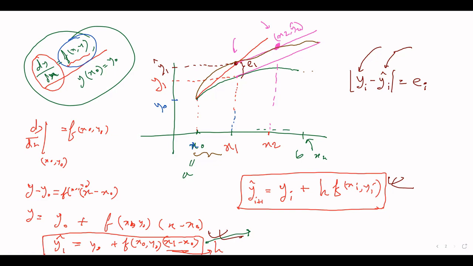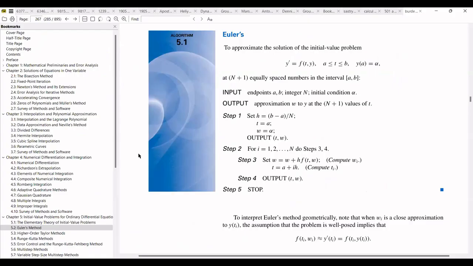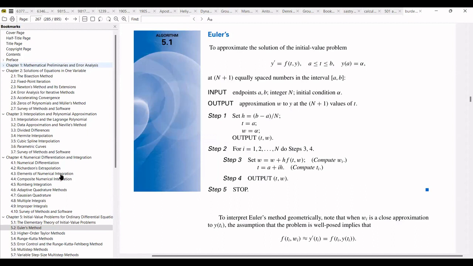I'm going to share the book by Barden on screen. Okay, I think most of you are familiar with this book. It's the book by Barden.